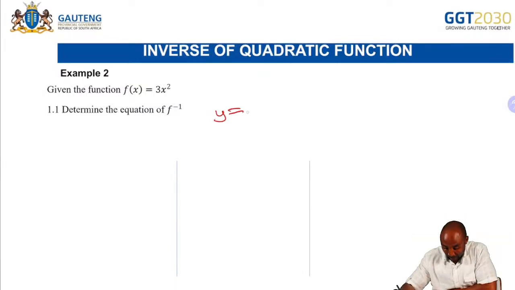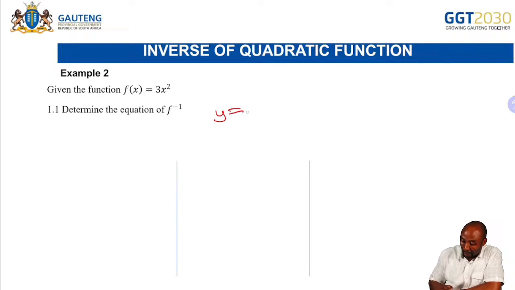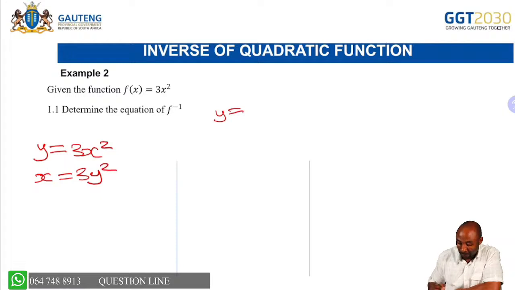Welcome back. I hope it was an easy task to do. Now, I said for us to determine the inverse, we are saying y is equal to 3x squared, step 1. Step 2, you interchange x and y, meaning where there is y, we put x, and where there is x, we put y.